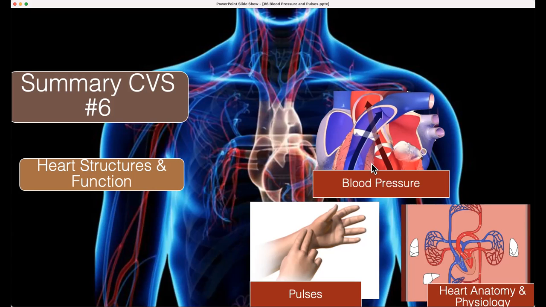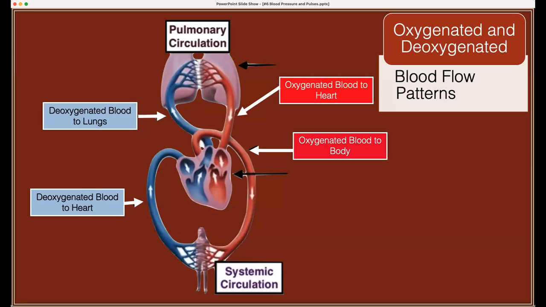And we talked about the heart anatomy and the heart physiology, and what is oxygenated and deoxygenated blood and the blood flow patterns.